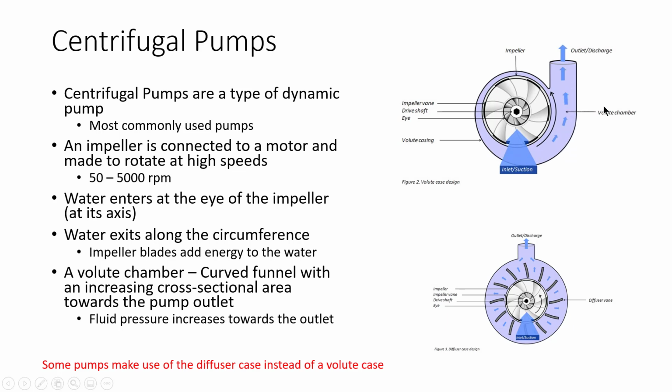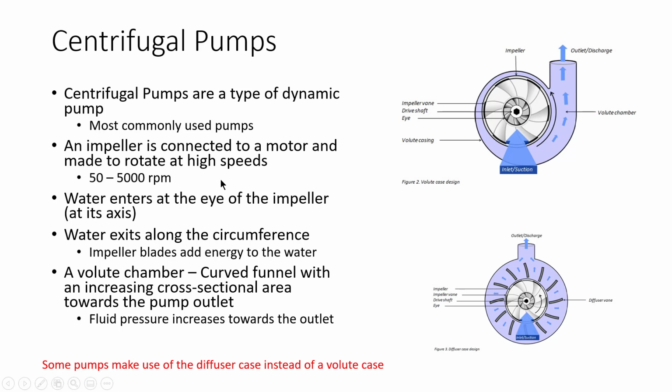So typically, this type of configuration has a volute chamber, where the velocity, the cross-sectional area, increases towards the outlet side, which causes the pressure to stabilize, and then the water moves out at some constant pressure. Okay, so typically an impeller is connected to a motor. It's made to rotate at very high speeds.